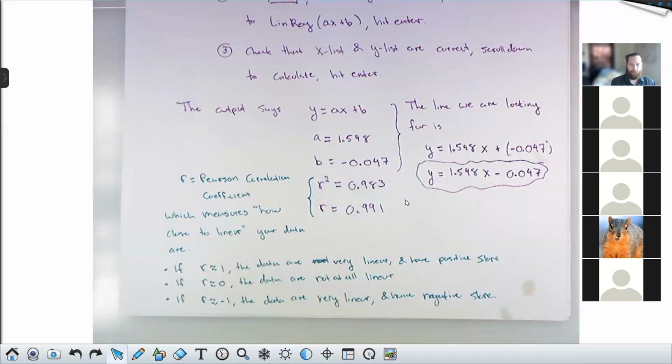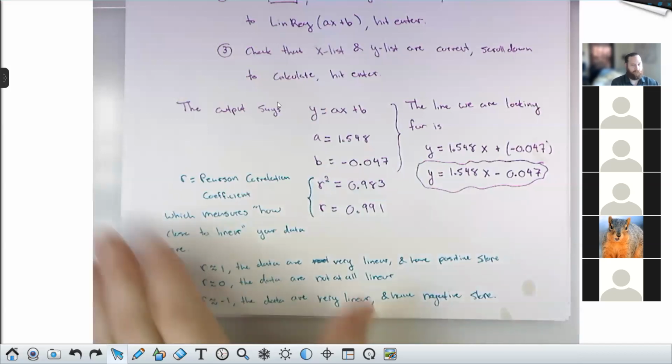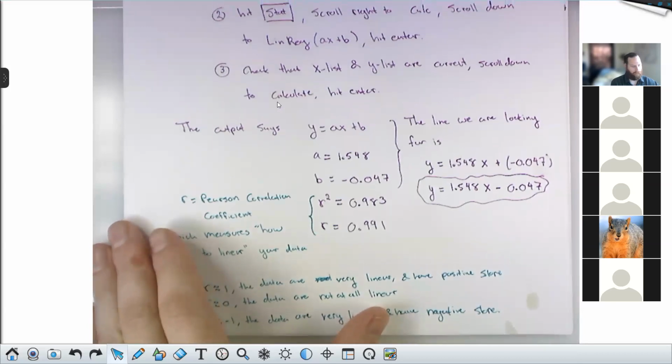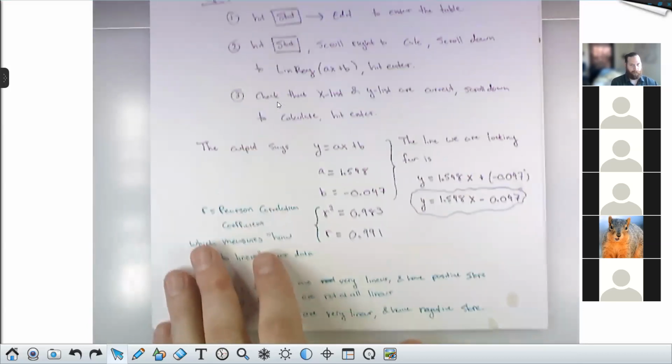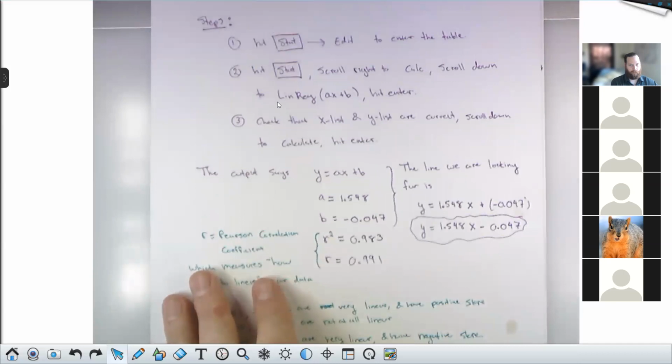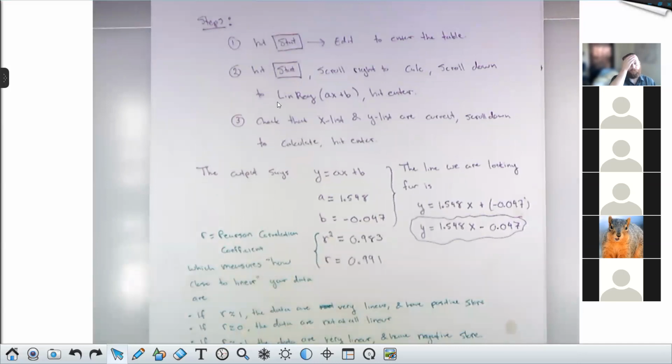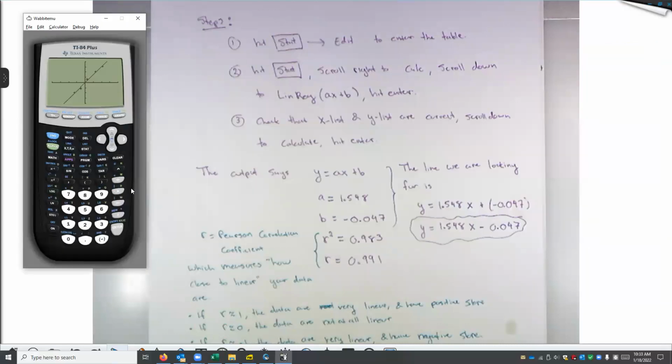Okay. Any questions about any part of this linear regression stuff? I have one more quick calculator question. Yeah, please. I think my original line that we drew on the calculator is also still on my scatter plot. How do I remove it?